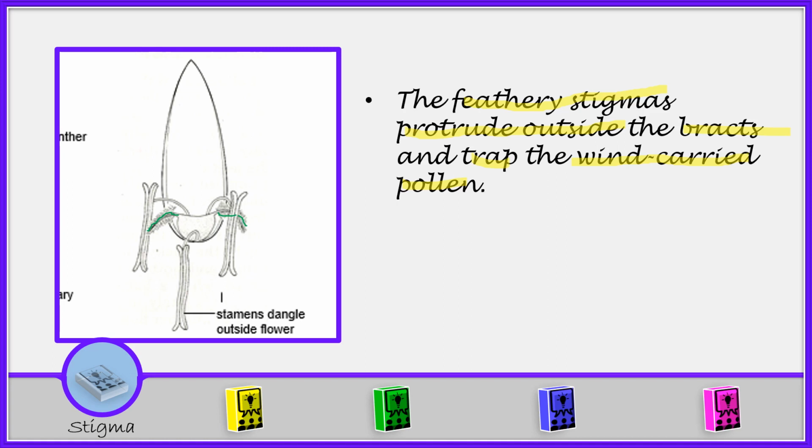Those are the feathery stigmas, which are protruding outside the bract. So here they can easily receive the pollen which is coming from somewhere else, it is trapped there, and then cross-pollination takes place.